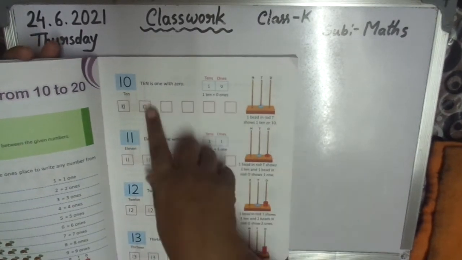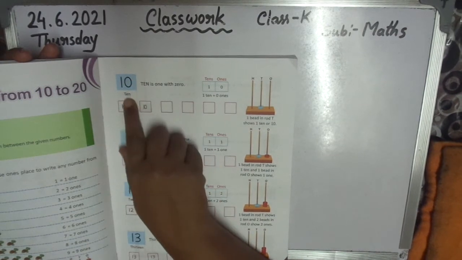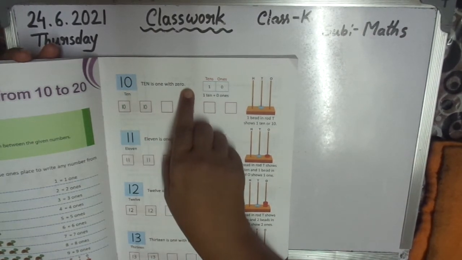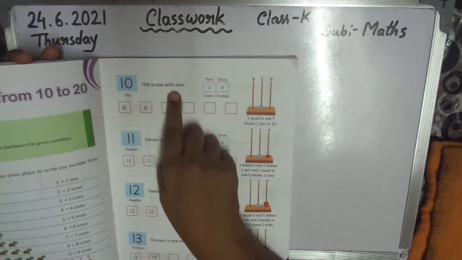Next, 10. See, number 10, spelling TEN. 10 is 1 with 0.